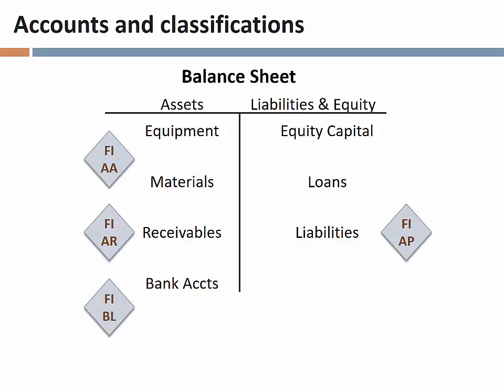Liabilities and equity would be things like equity capital. Loans would be a more typical example that we will work with, or other liabilities like accounts payable. So when I go out and buy something on credit, and I now owe another company $5,000, we know that that's going to result in a $5,000 credit going towards some kind of liability account.